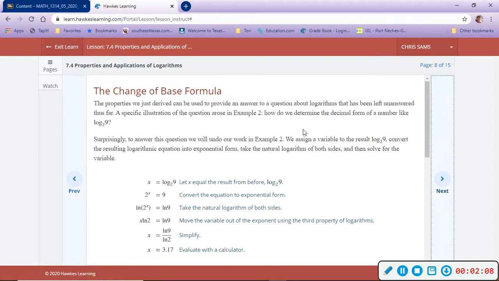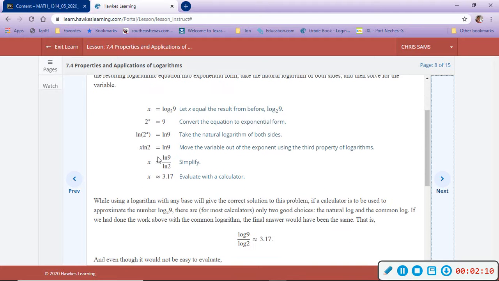And then the change of base formula is also important, so they kind of go through the proof here. But basically you can rewrite a log. So I would ignore this left side and say if we had log base 2 of 9, you can take that base, raise it to some unknown power, and set it equal to the number that you're taking the log of, 9.